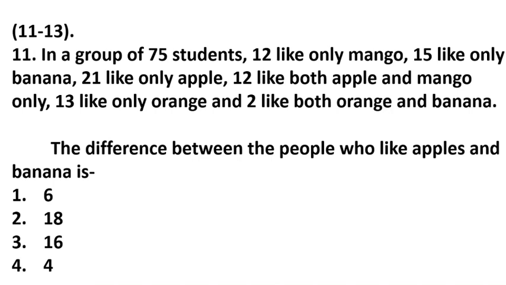So this question comes from logical Venn diagrams. In a group of 75 students, so total there are 75 students, 12 people like only mango. As the keyword says only, there are only 12 people who like mango. Then 15 like only banana, 21 like only apple, 12 like both apple and mango.